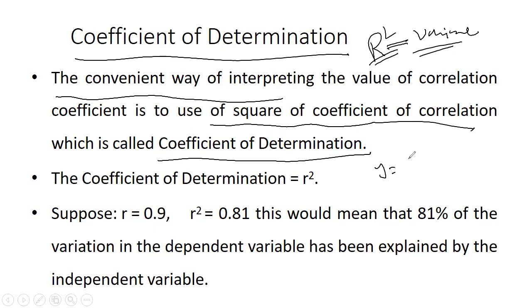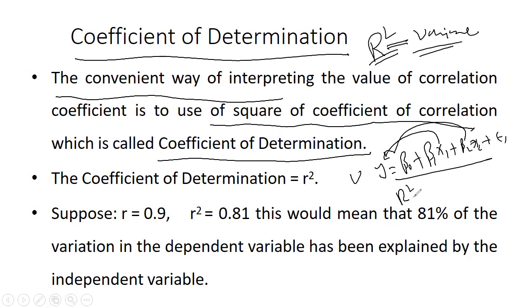For example, in a multiple regression analysis, beta 0, beta 1 x1, beta 2 x2, and so on, if both independent variables influence y significantly and the R square value is 40%, what does it mean? This is your explained part and this is the unexplained part.